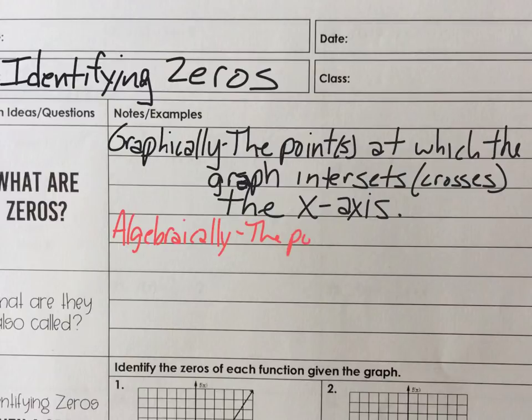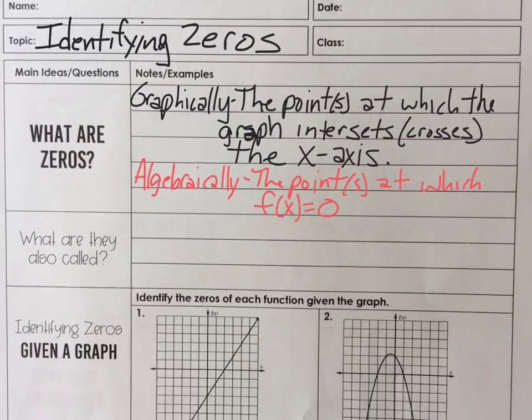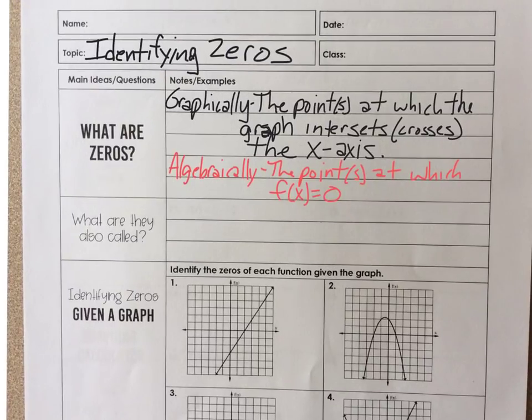The point or points at which f of x equals 0. Not where x equals 0, but where f of x equals 0. You might be thinking, rightly so, that this is also as if y equaled 0.